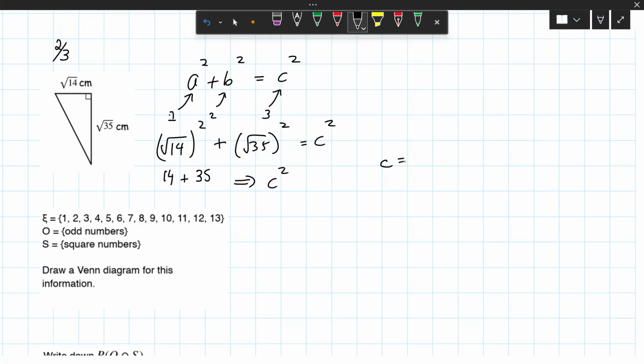So that tells us c squared is equal to 49. c is equal to square root 49. The answers could be positive 7 or negative 7, but because it is the length of a side, we don't ever really see a negative 7 on a ruler when you're measuring length. So this would only be the positive answer from the square root. So your answer would be 7 centimeters.